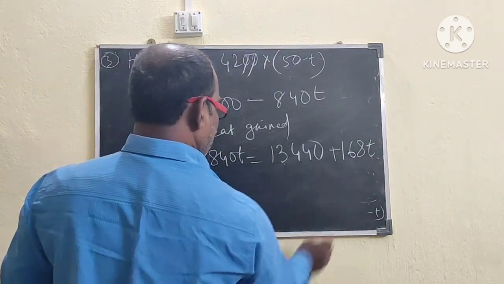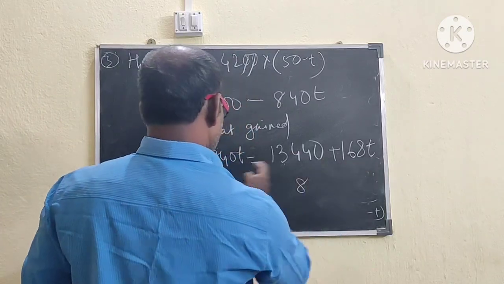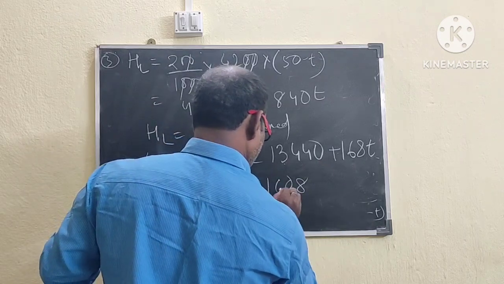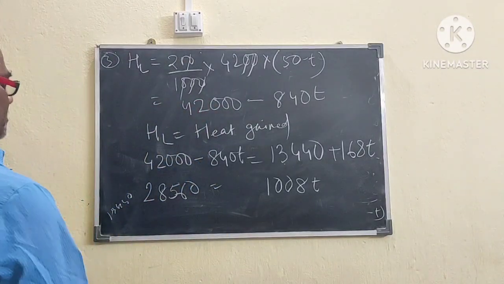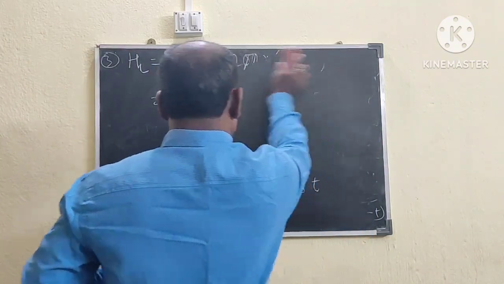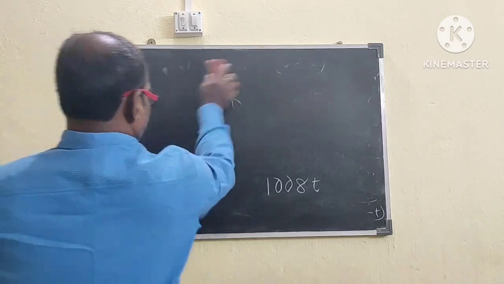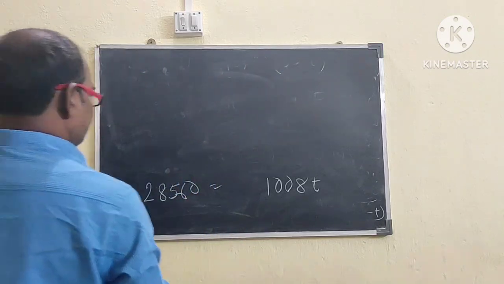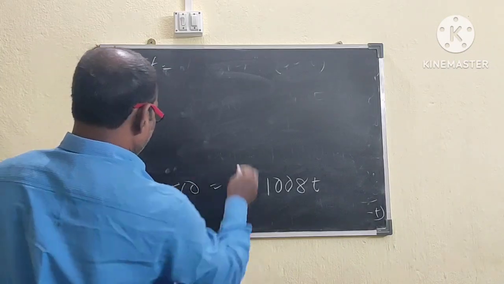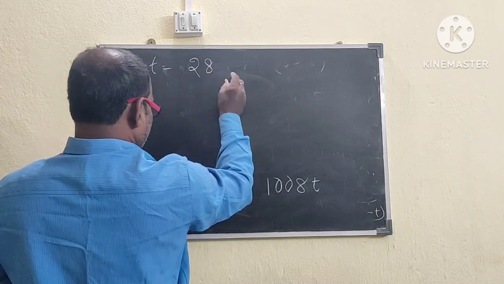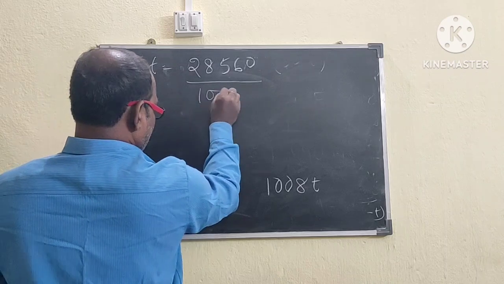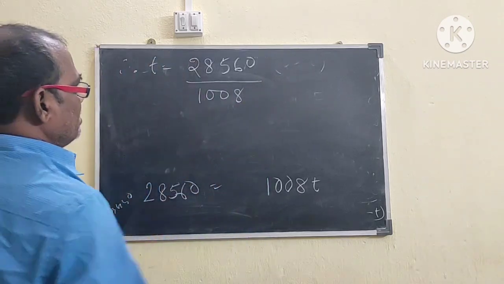So 840 plus 168 is 1008. Therefore, T equals to 28560 divided by 1008. Let us divide with 7 first.